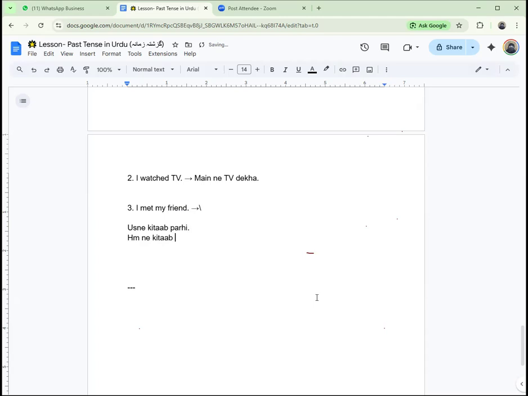This sentence remains the same. Why? Because the main sentence relies on this object kitab. So if this didn't change, the sentence didn't change.